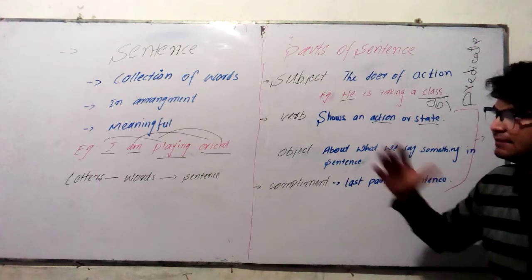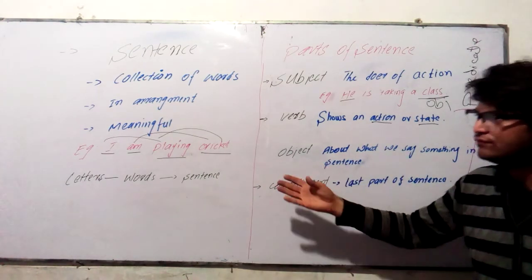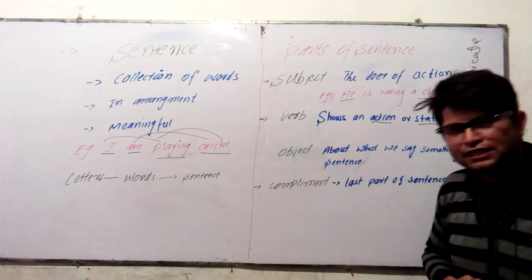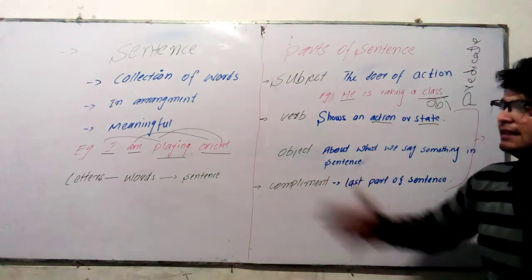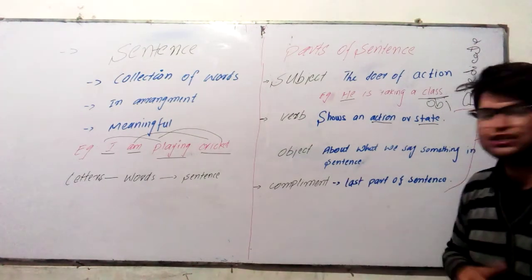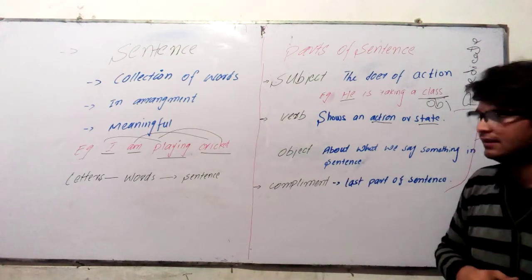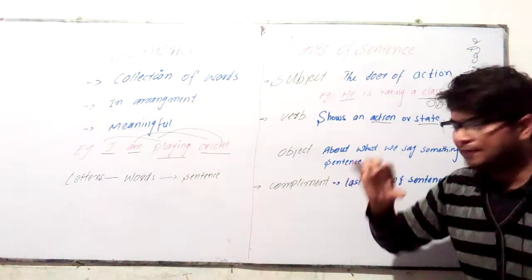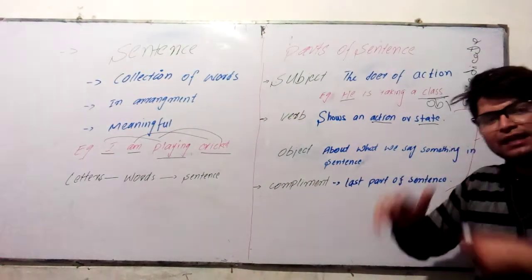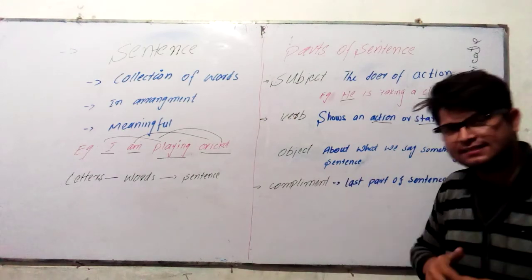These words are a collection, in arrangement form, and they give a complete meaning as well. Then we came to sentence formation and process. First we combine letters which make words, and afterwards when we combine words it makes a sentence, and sentences make a paragraph.